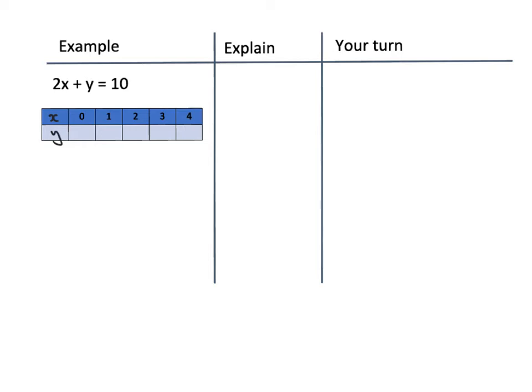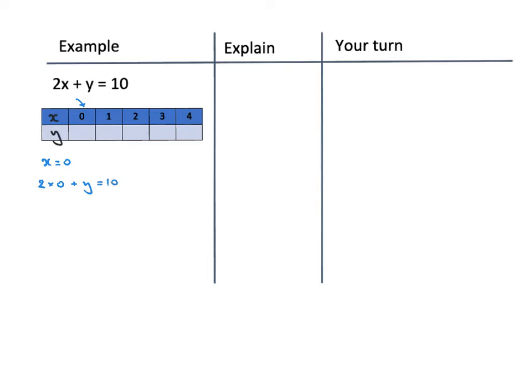We'll do this one value at a time, making it clear exactly what we're doing by laying out our work carefully. So we'll start with the value which is in this column here of x equals 0. When x equals 0, if we look at the formula at the top, we've got 2x, where x is 0, so that becomes 2 times 0, add y equals 10.